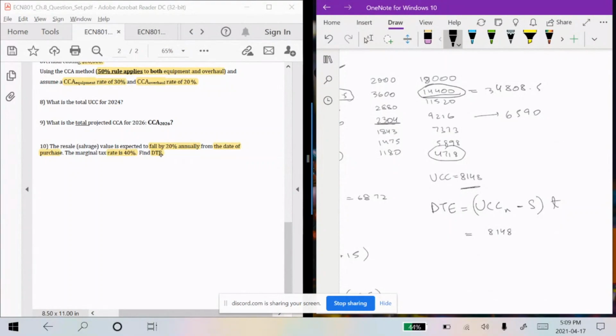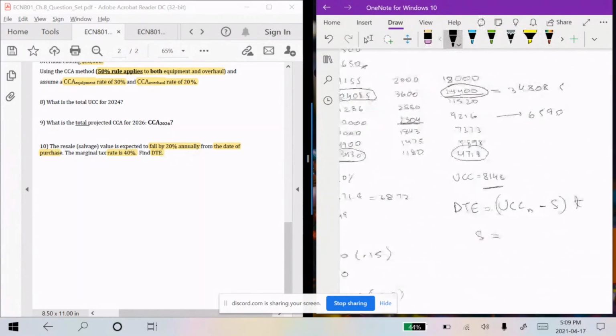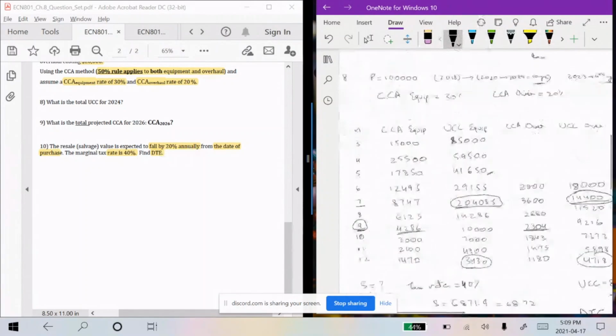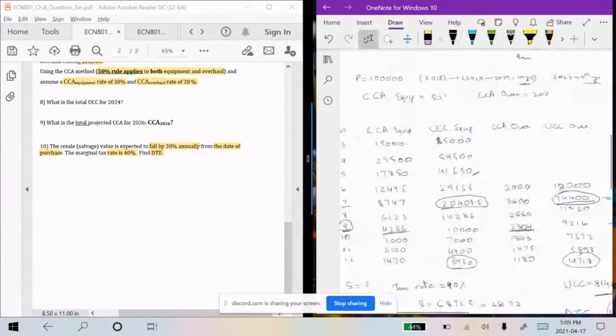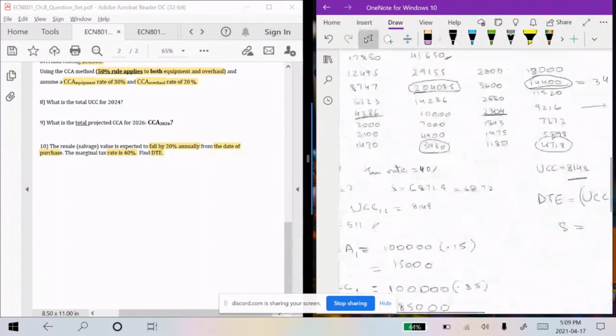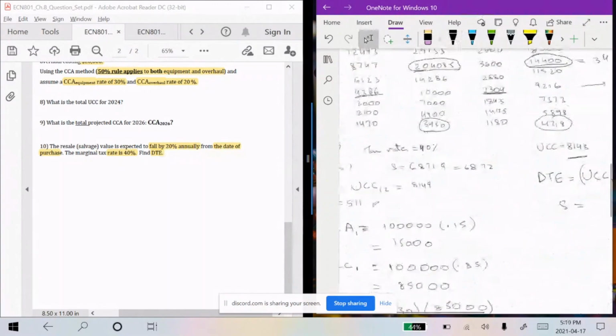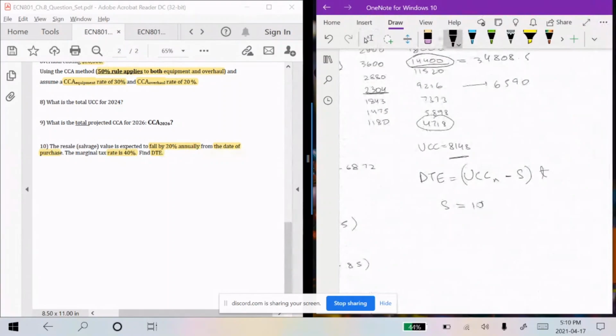And what did they say the salvage value was? Okay. To find out the salvage value, they said it fell by 20% annually from the date of purchase. So the initial value is 100,000. Is that right? Yeah. I'm missing a zero. Right.